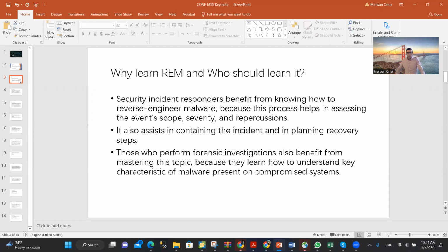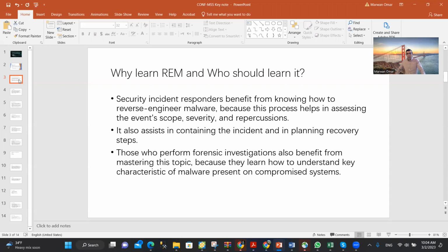Learning REM will also help in containing the incident and in planning the recovery steps. If we have skilled and talented cybersecurity professionals who know how to analyze the malware, this will help them contain the incident and also plan the recovery phase or steps.